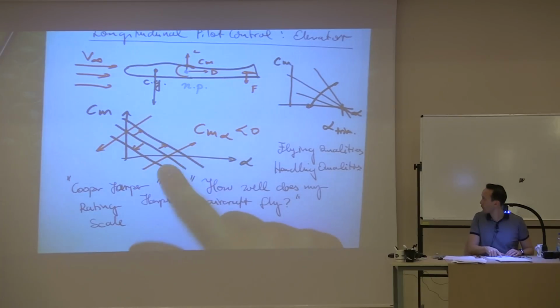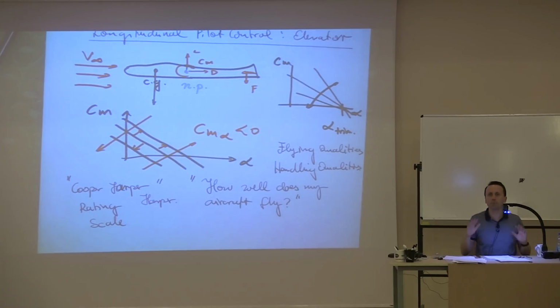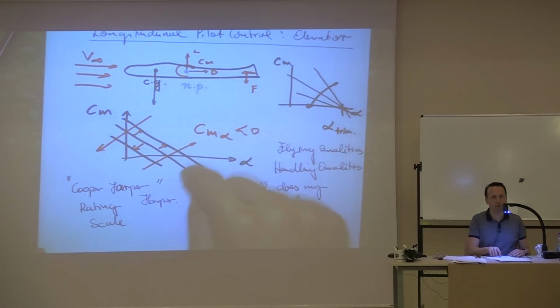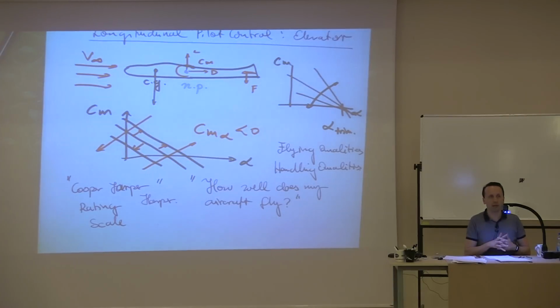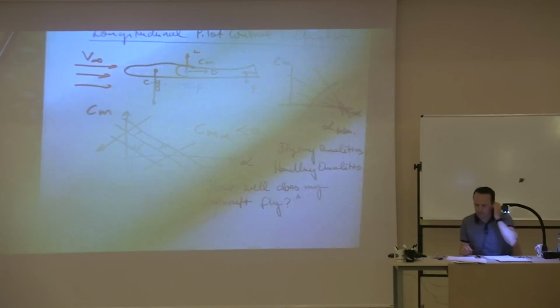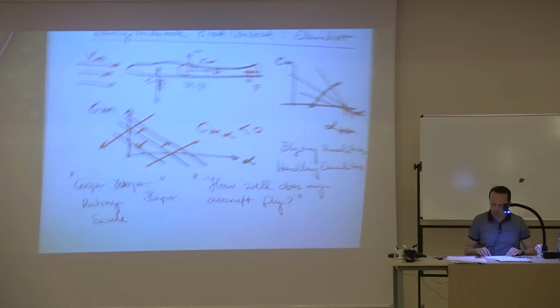But if you could do this, it would be very nice because at all times it would feel the same restoring moment, right? Of course, the alpha trim would change with it as well, but that's another issue that we need to look at. But at least the handling qualities or the flying qualities will still be sort of the same. Okay? So that's kind of important.